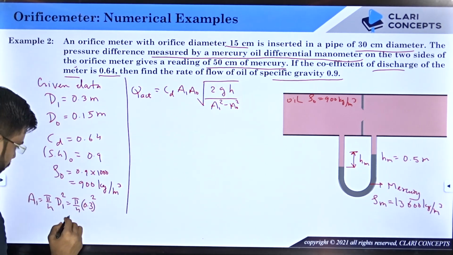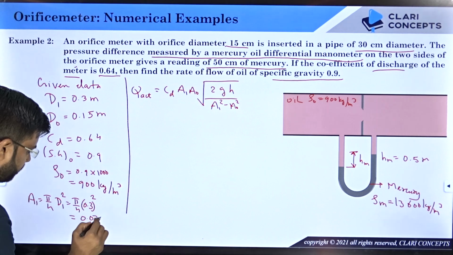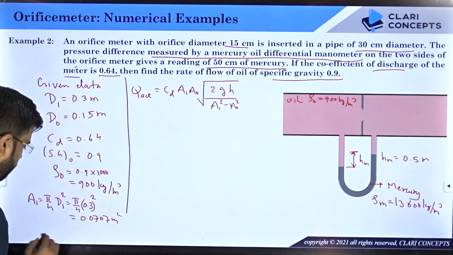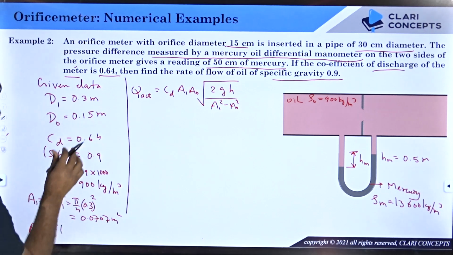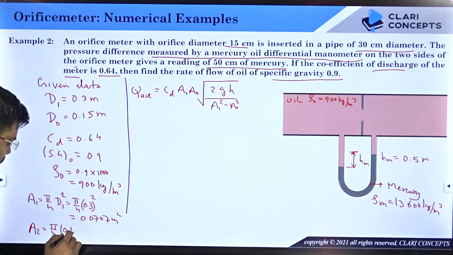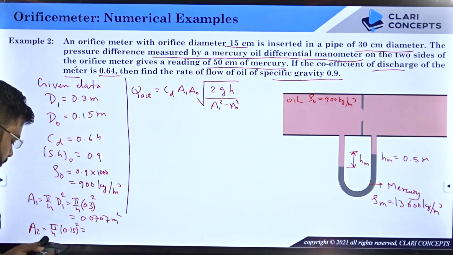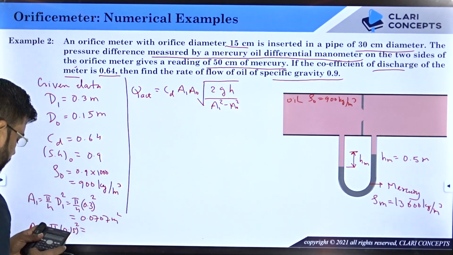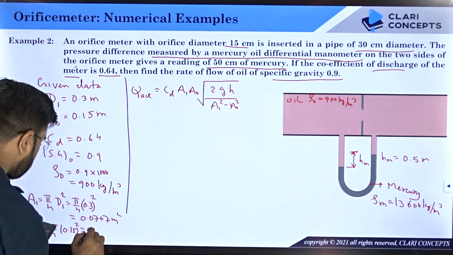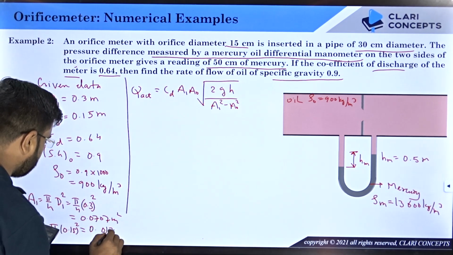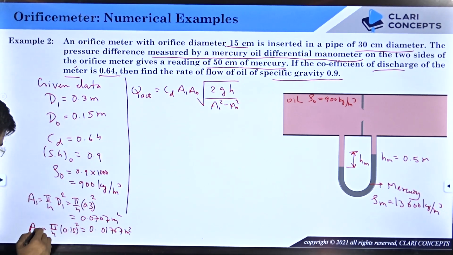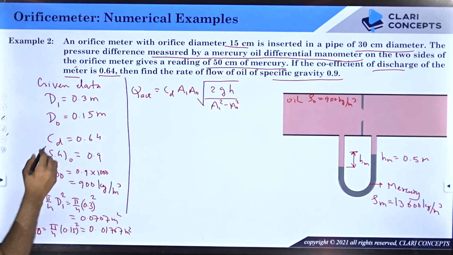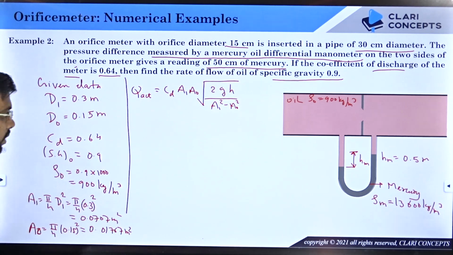What is A2? A2 will be pi by 4 d2 square. d2 is 0.15. Pi by 4 into 0.15 square, 0.01767 meters square. Sorry, this is not A2, this is AO rather. And this is your DO, right? So we have taken DO, orifice area.